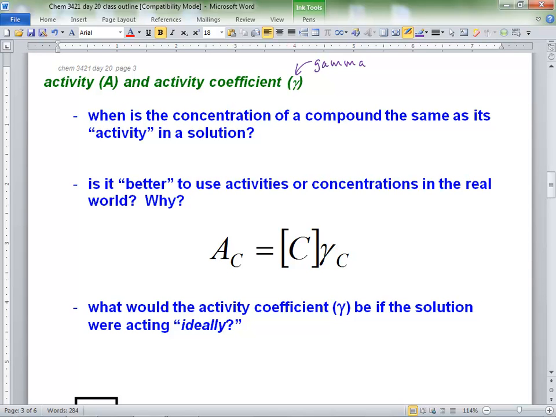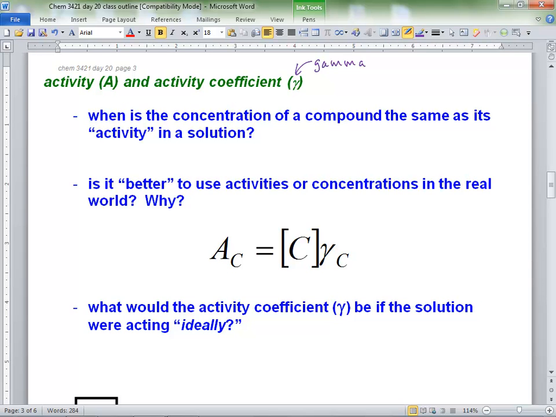Gamma equals 1. Remember, I said it didn't matter for this compound about 20 minutes ago. It wasn't an ion. Sugar, right? It didn't matter. Gamma equals 1 because it's neutral.